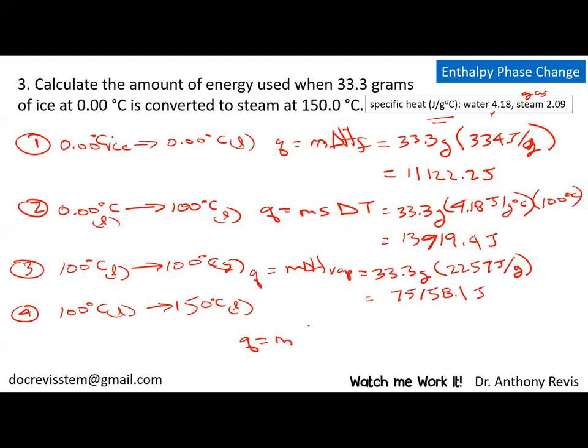So here we have a temperature change, so that's mass and specific heat, and that's of steam. Oh, this should say liquid to steam. This should be gas right here. We're going from 100 degrees C gas to, I apologize for the messy, gas. If I can write a G. So this is gas to gas. I apologize if I said anything other than that. So this is gas to gas, steam to steam.